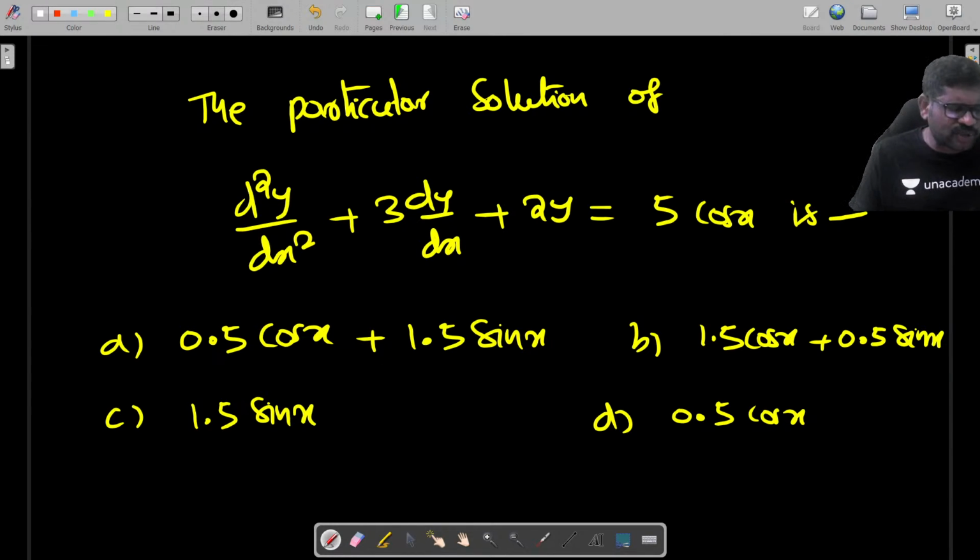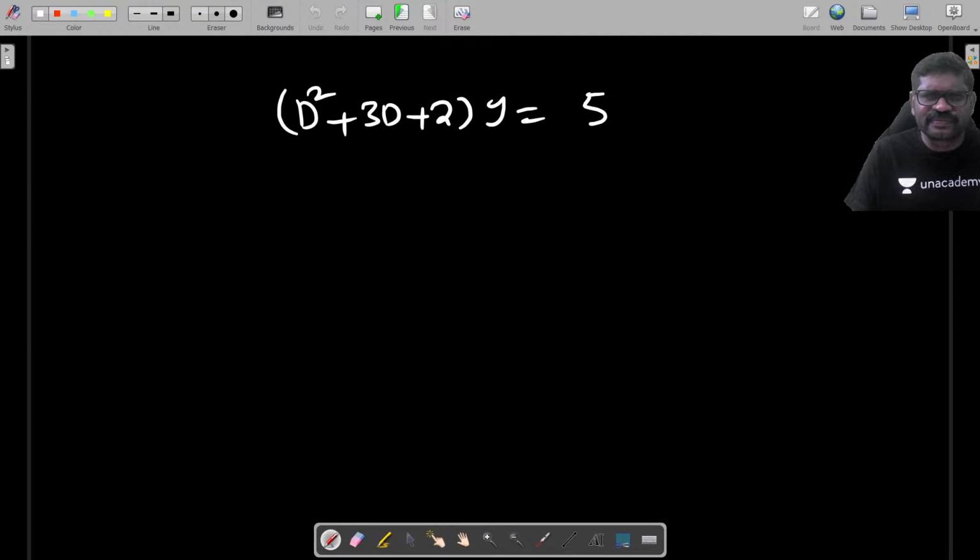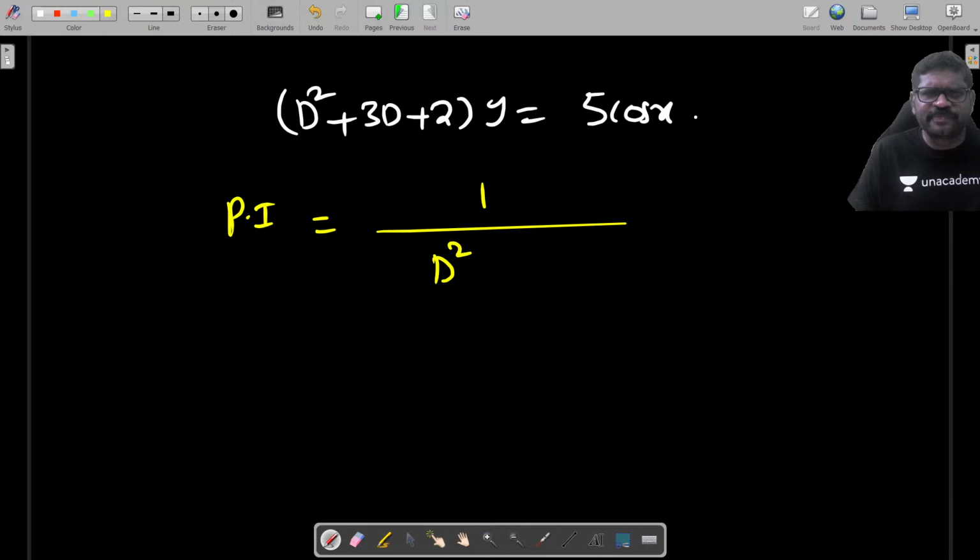The particular solution of D square plus 3D plus 2 of y is equal to 5 cos x. Now the particular integral is 1 by D square plus 3D plus 2 of 5 cos x.